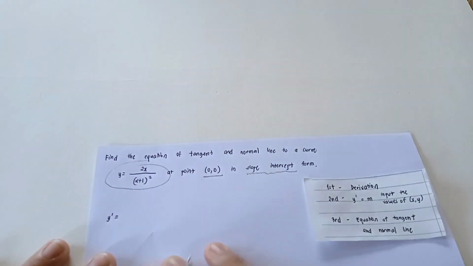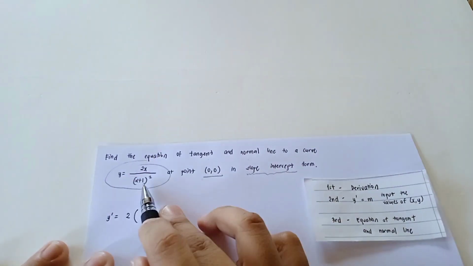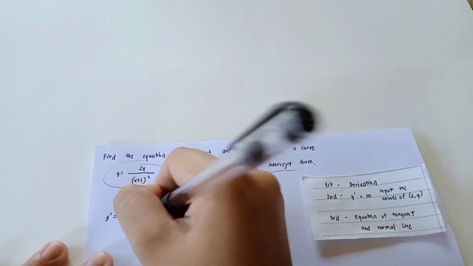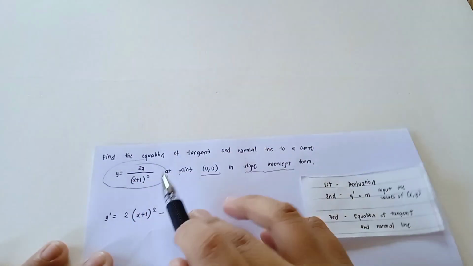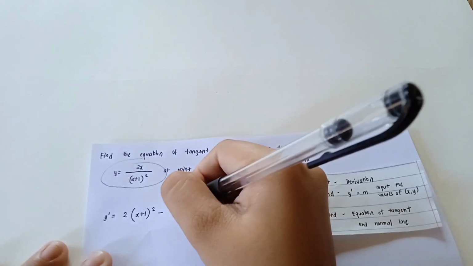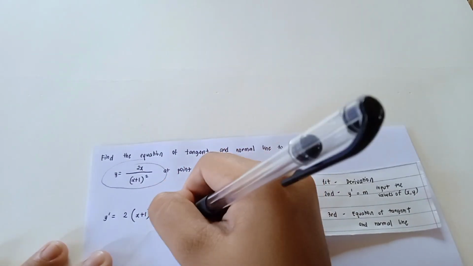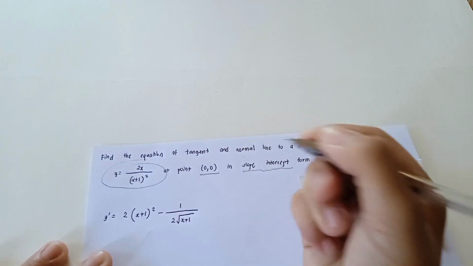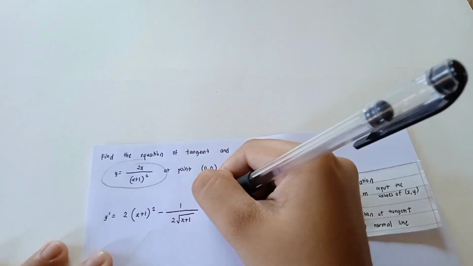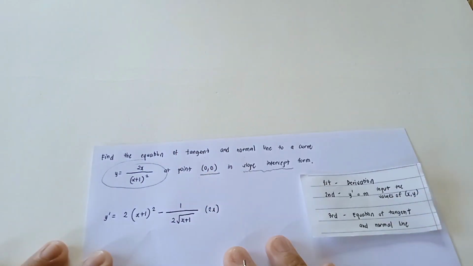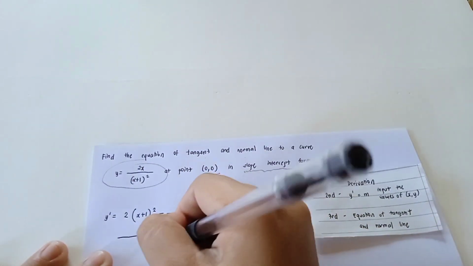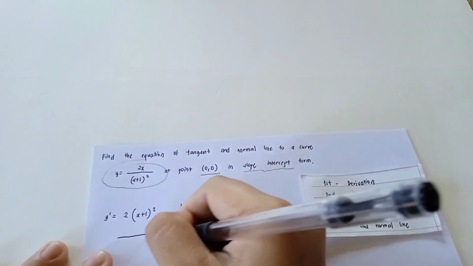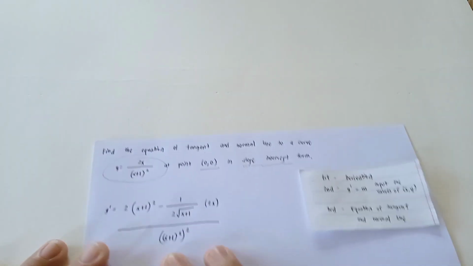First, we derive the numerator and copy the denominator. Minus, derive now the denominator, and then copy the numerator, all over the denominator squared. That would be it.